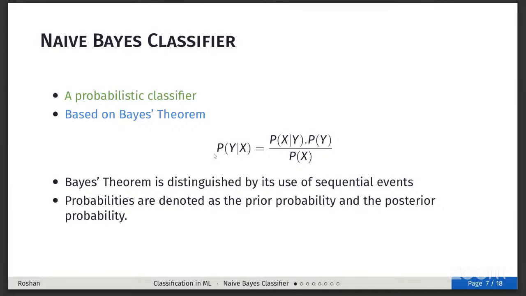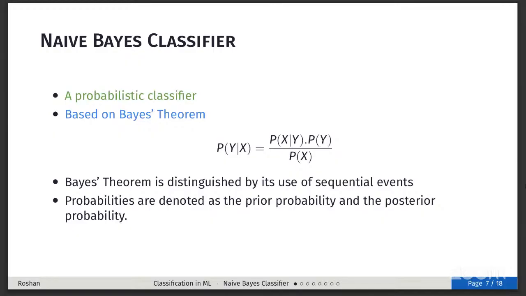What it essentially says is the probability of y given this event x happens is the probability of y times the probability of x given y, divided by the probability of x.